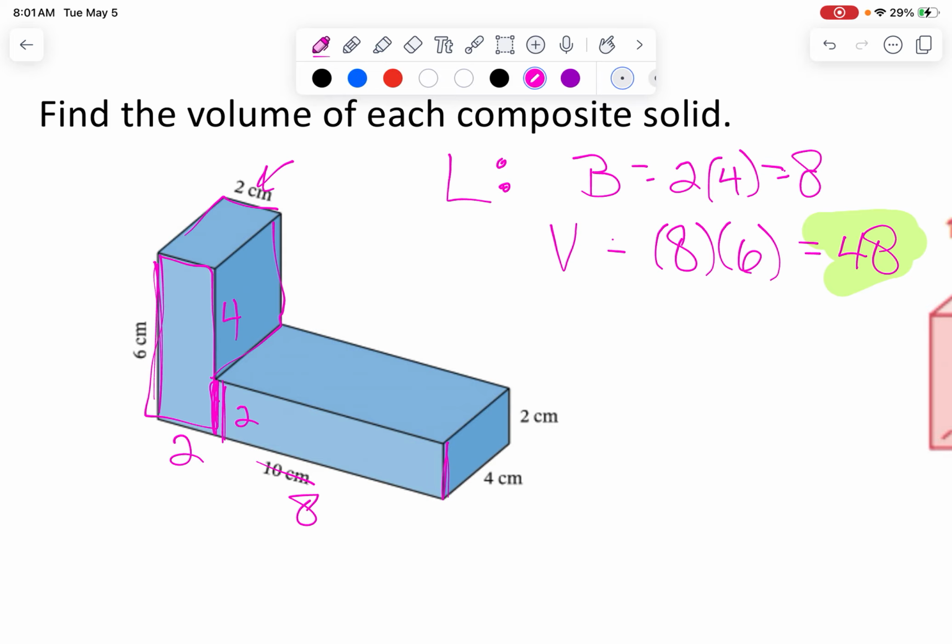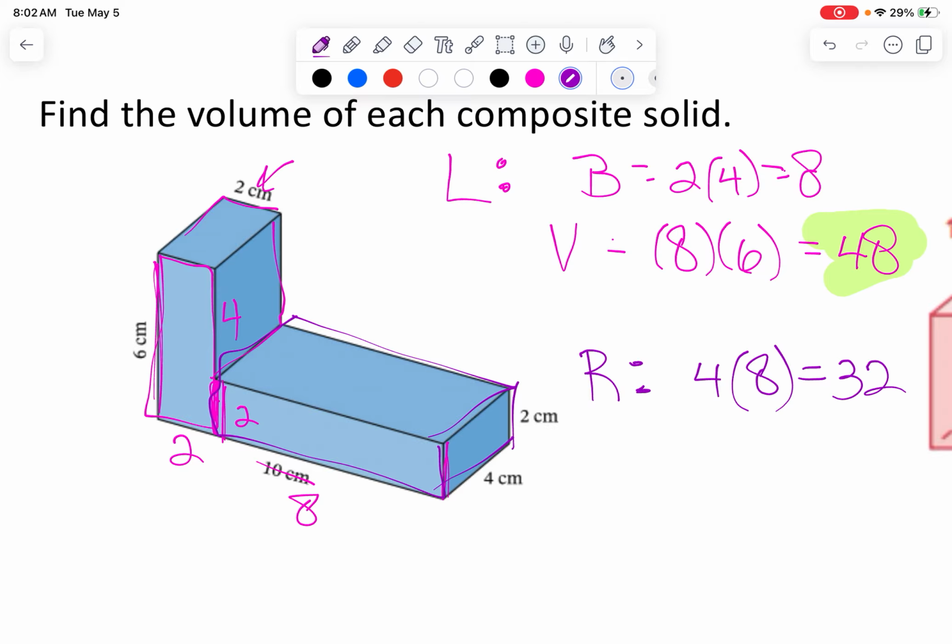All right, now let's take a look at the other part. Okay, this piece right here. The base of that one, the one on the right, is 4 by 8. It's just 32.